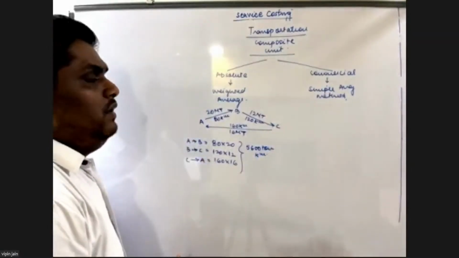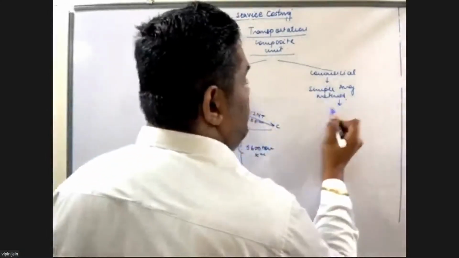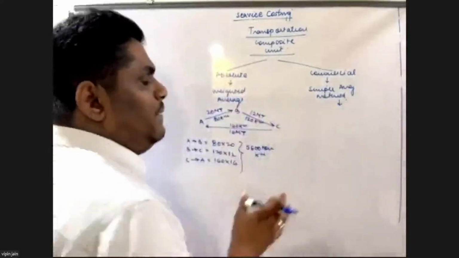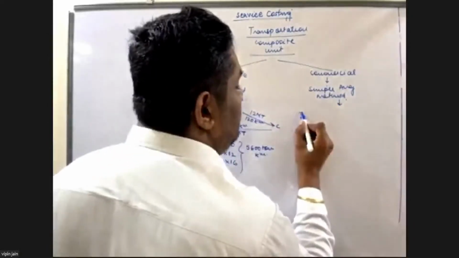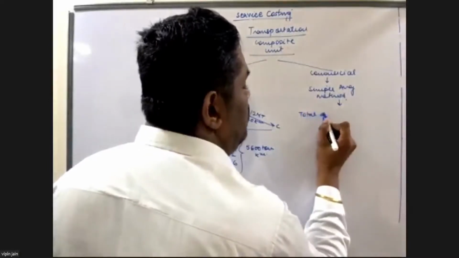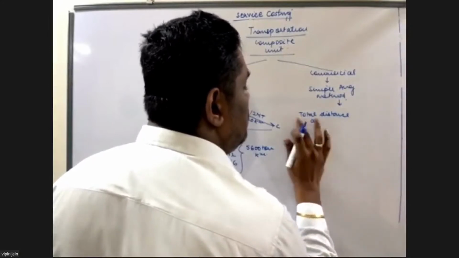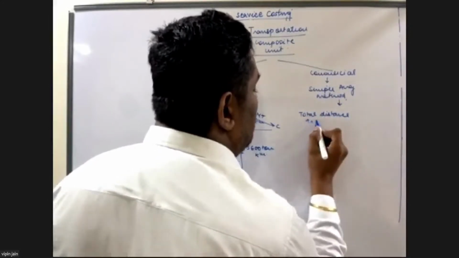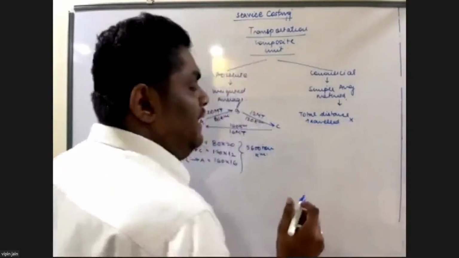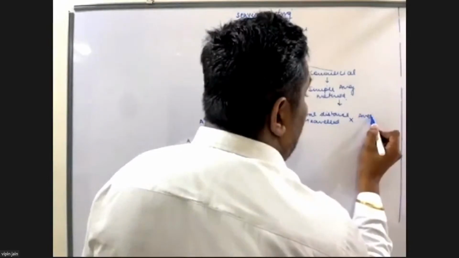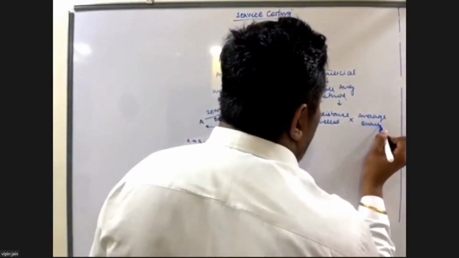Now, when talking about the simple average, they calculate the composite unit by a simple formula: total distance traveled multiplied by average quantity.